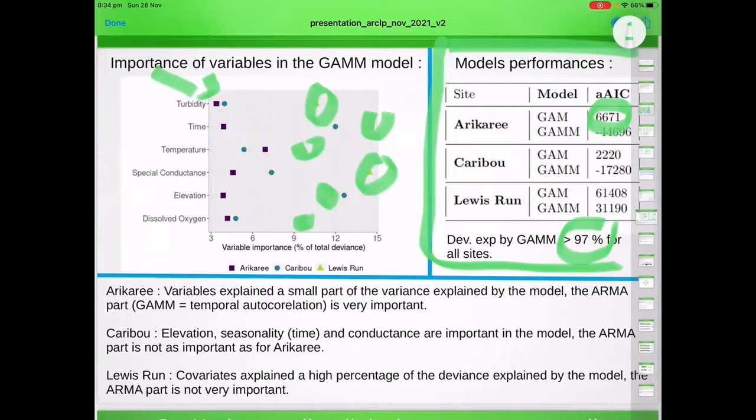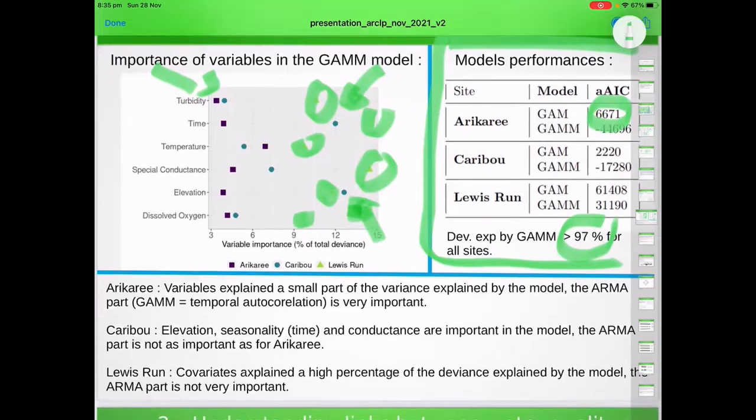And in the middle, Caribou, you can detect an important variable, which is elevation. Oh, I lost my pencil, sorry, my finger is not so good. You can see the time effect takes a lot of importance, and elevation is very important for Caribou, while the ARMA part is not as important as in Arikari.